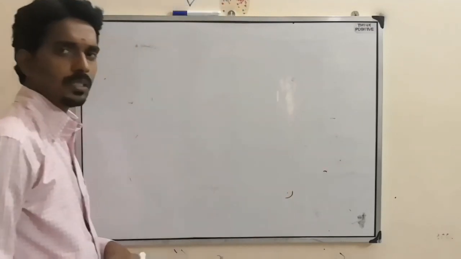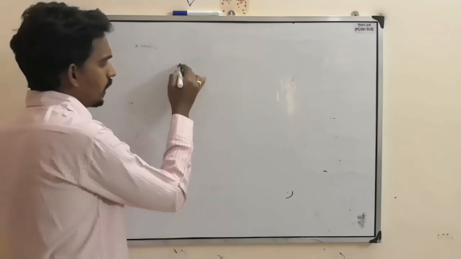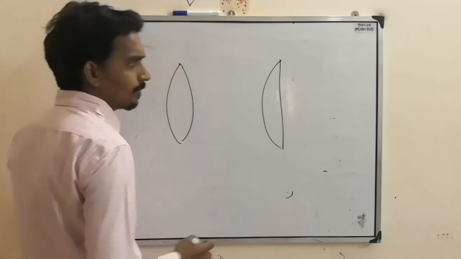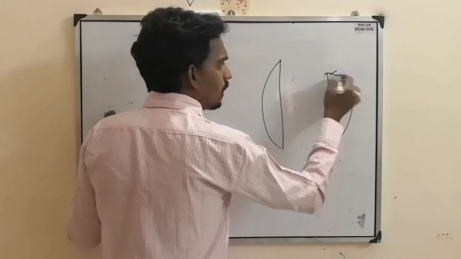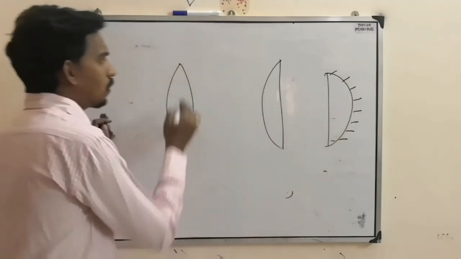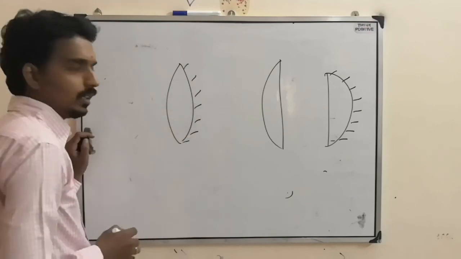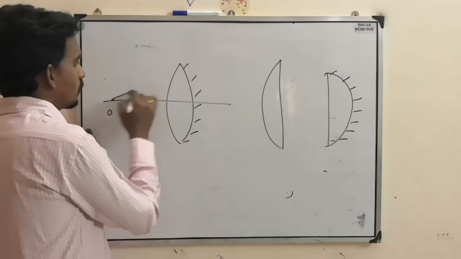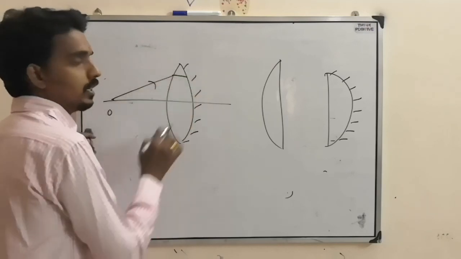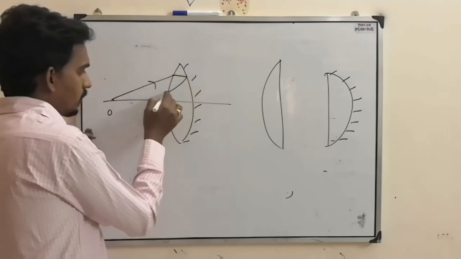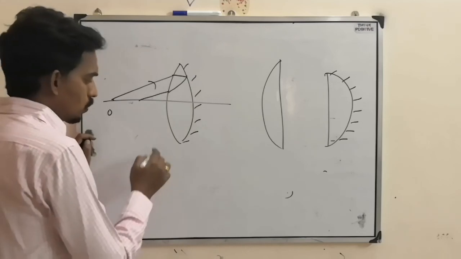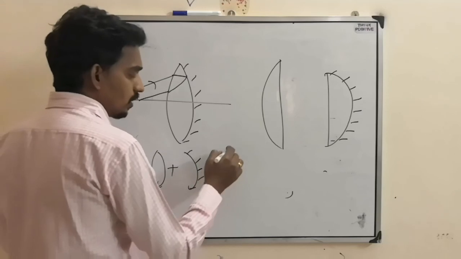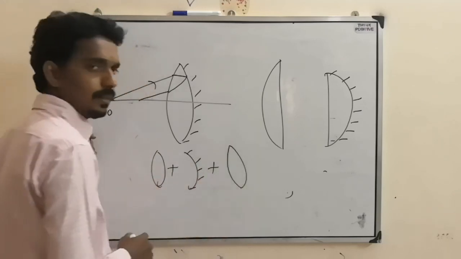The other question they can ask is, they take a concave lens or a plano-convex lens, anything, and silver one side. When they silver one side, suppose the object is there: first refraction takes place, then reflection, then again refraction. So first a lens, then a mirror, then a lens.